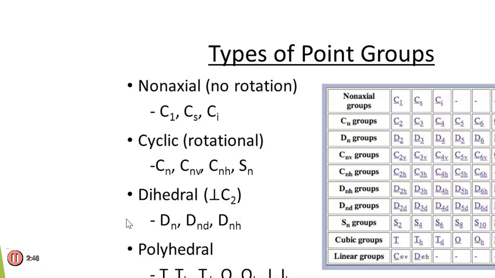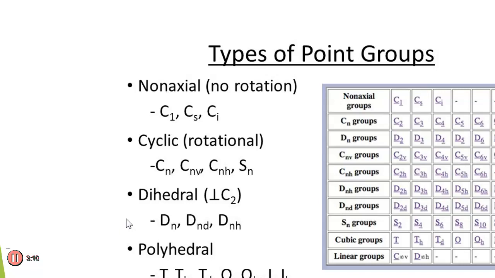And Cnv groups also depend on the number of sigma v planes, or vertical mirror planes, and the axis of rotation. And Cnh groups will contain a sigma h, or horizontal plane of reflection.